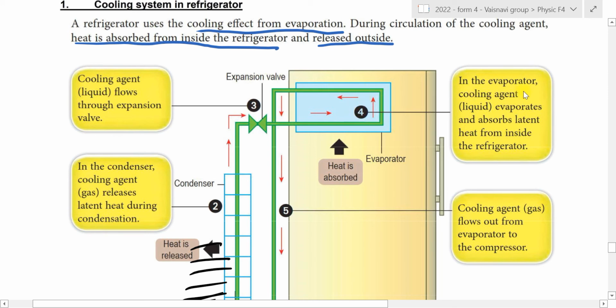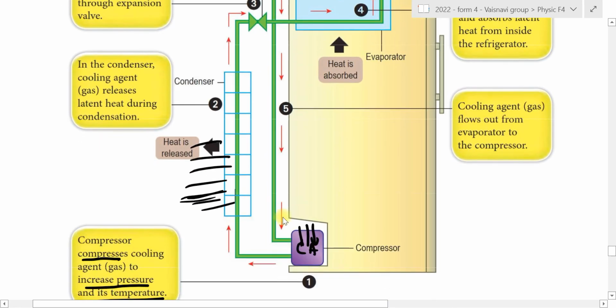இங்கே வந்துடும் 4வது இடத்துல. So, in the evaporator, cooling agent evaporates and absorbs latent heat from inside the refrigerator. Okay, right. அப்போ என்ன சொல்ற வராங்கன்னா இந்த இடத்துல it will absorb the latent heat from the refrigerator. ஃப்ரிட்ஜில் இருக்கிற எல்லா சூடையும் இது இழுத்துரும். ஓகே, இழுத்துட்டு என்ன பண்ணோம், it flows out. அந்த சூட்டை எல்லாத்தையும் எடுத்துட்டு அது அப்படியே ஒரு யூட்டன் போட்டு இந்த சைடு 2வது பைப் கிட்ட வருது. அப்படியே நம்ம 5ல ரிலீஸ் பேக் டு த compressor.